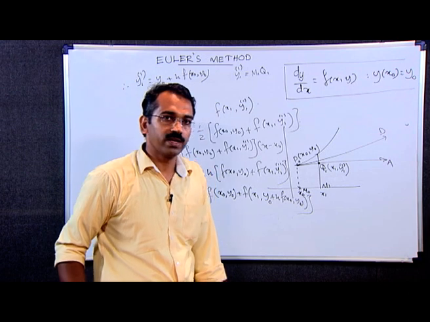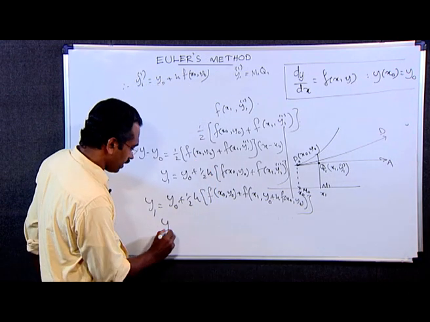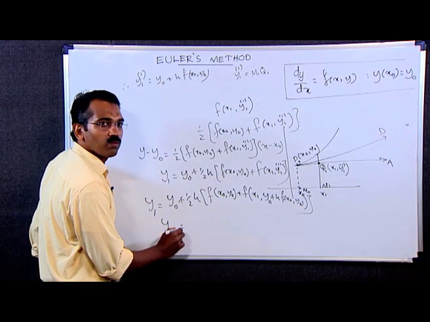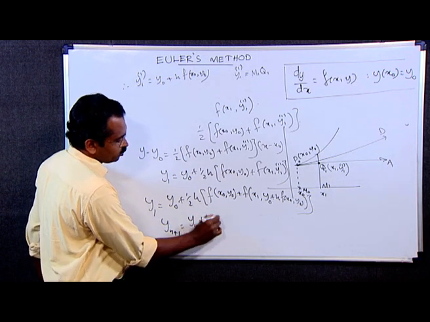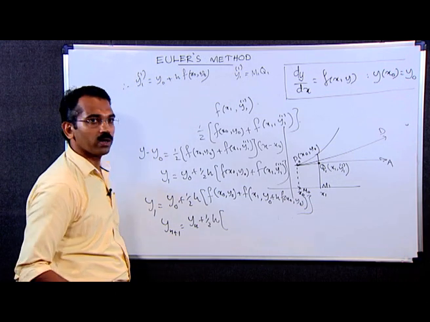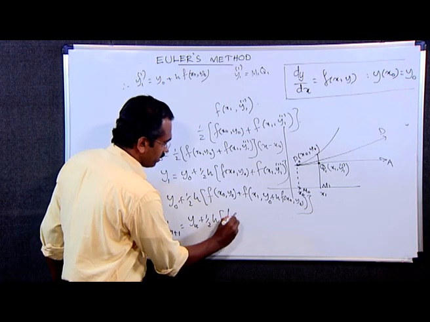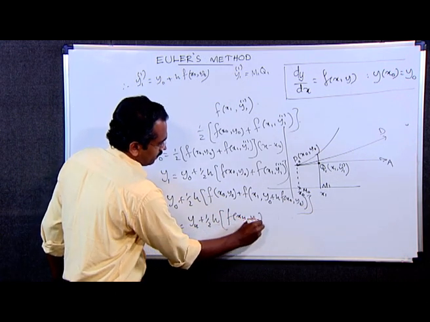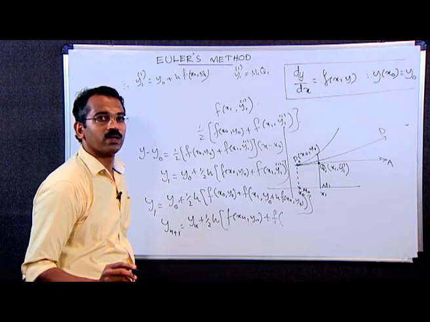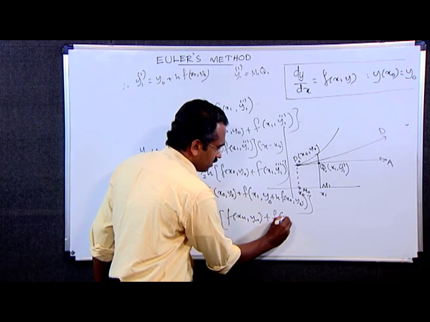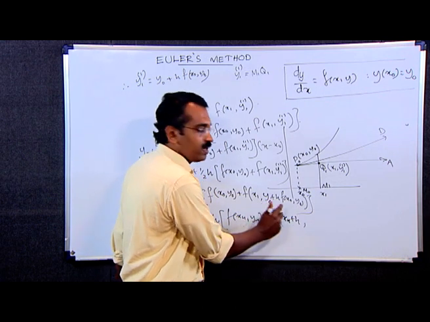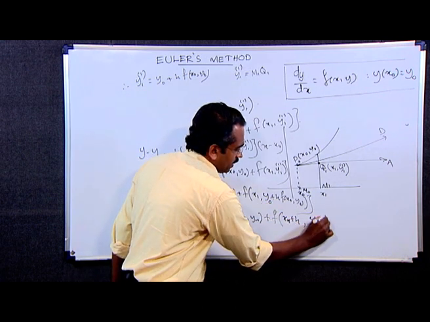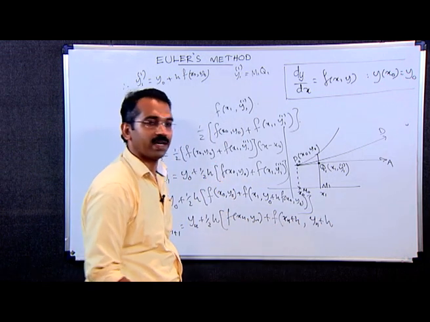In general, we can write y(n+1) as y(n+1) is equal to yn plus 1/2 into h into f(xn, yn) plus f(xn plus h, yn plus h into f(xn, yn)).